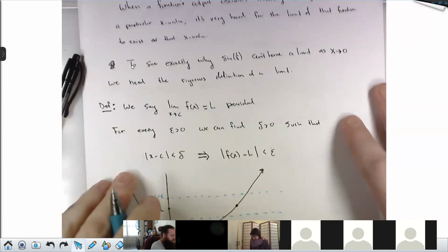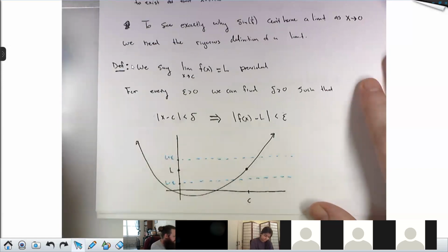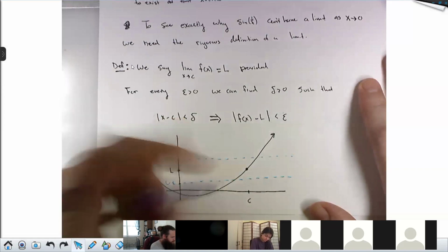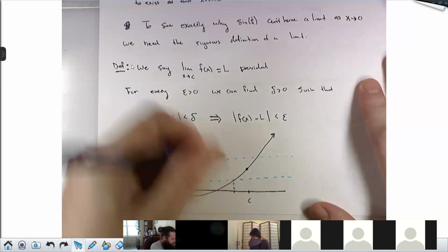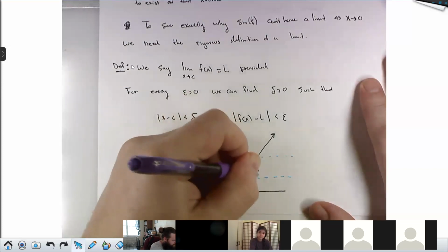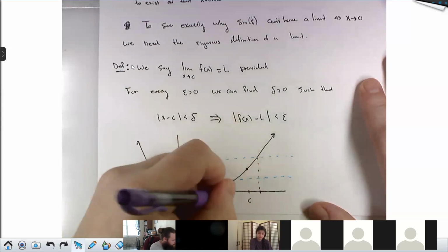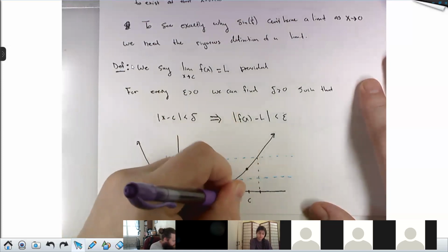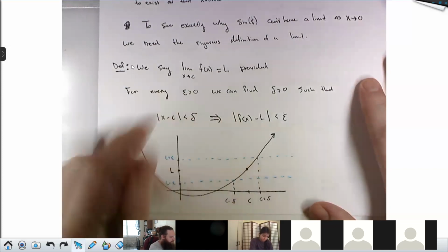And then it's your job to find the corresponding delta window about c. So this would be c minus delta, and this would be c plus delta.